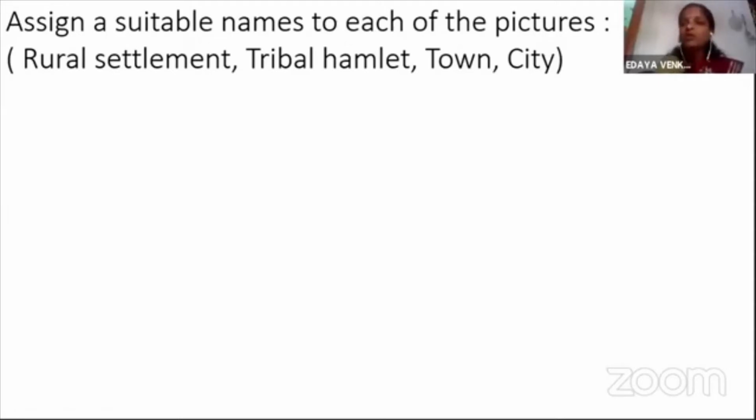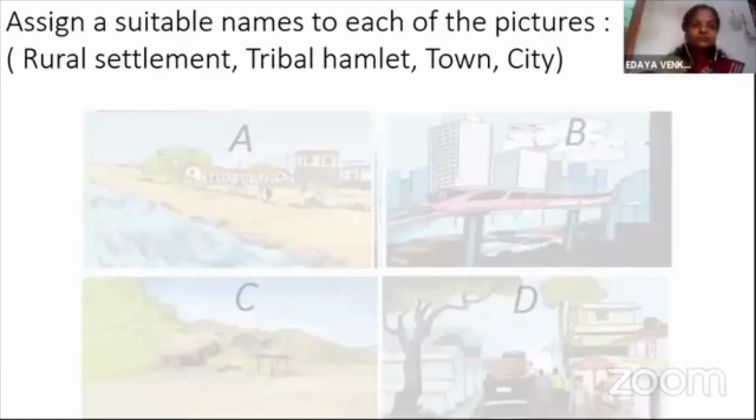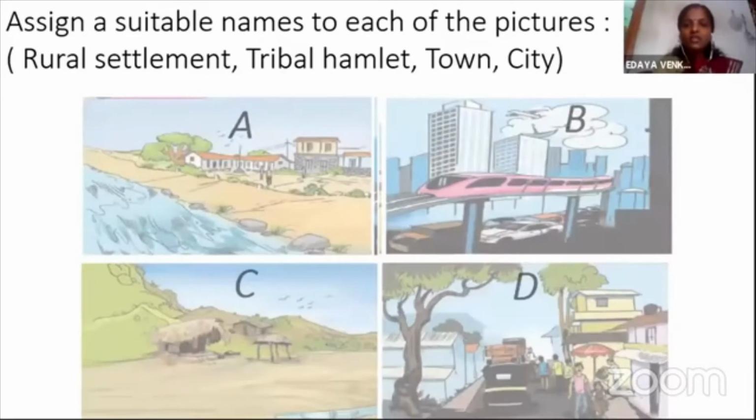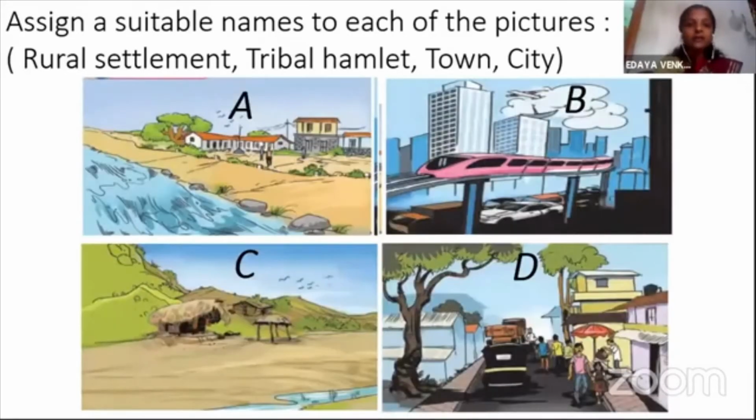Now I'm going to show you the pictures. You are all going to assign the names. Ready? Yes, miss. Which type of picture is A? Town. My sound is low. Am I audible now? Yes. Okay, thank you.